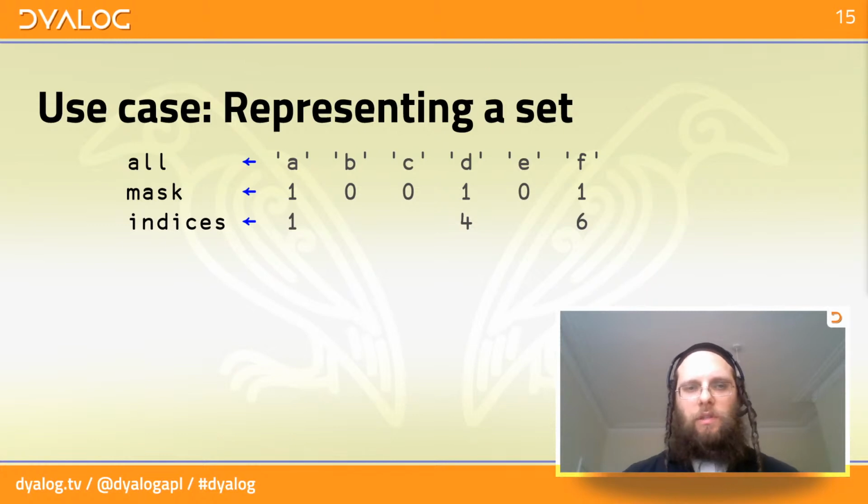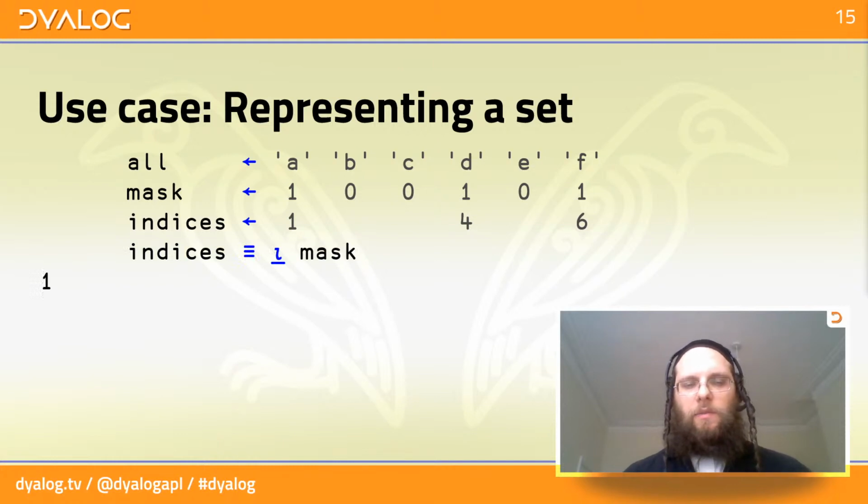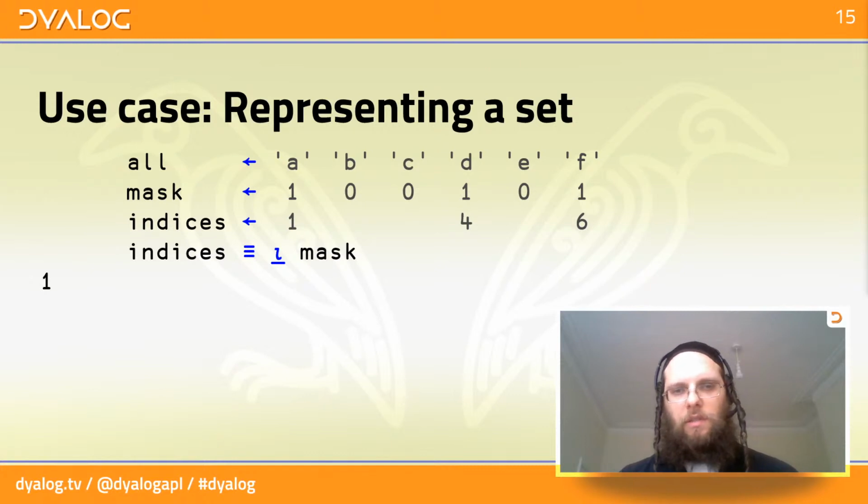So it's number 1 is the A, and number 4 is the D. And when we look at it like this, then the where function becomes a conversion function to convert between the mask representation of a subset to the indices representation of a subset.